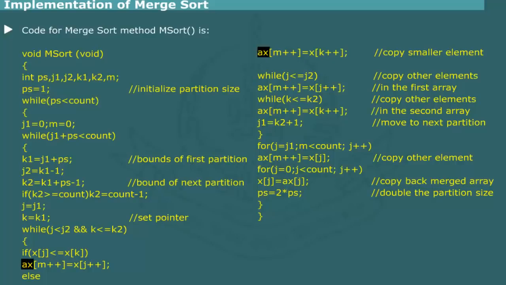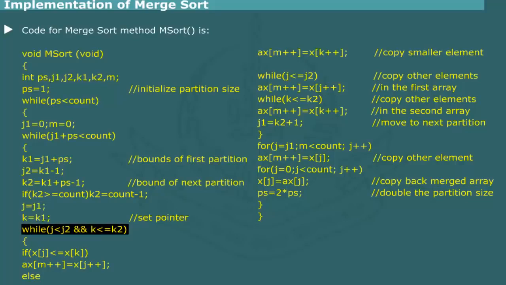An auxiliary array, AX, is used to hold the merged subarrays. Variables J1, K1, J2, K2 are used to define the boundaries of the subarrays being merged. Variables J and K point to the elements of the subarrays.